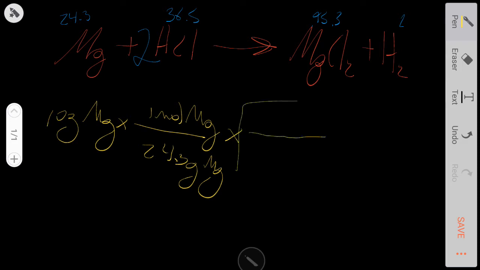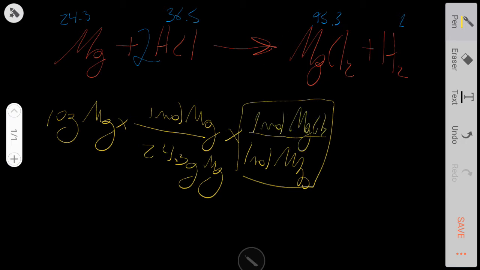Step 3, I like to draw a box to remind me that this is where my step 3 is. It's where my ratio is according to my balanced equation. Right, so I want to get rid of magnesium at this point, and it looks like my ratio is 1. So 1 mole of magnesium. And if I look at my products, it looks like for MgCl2 it's also 1. So 1 mole of MgCl2.